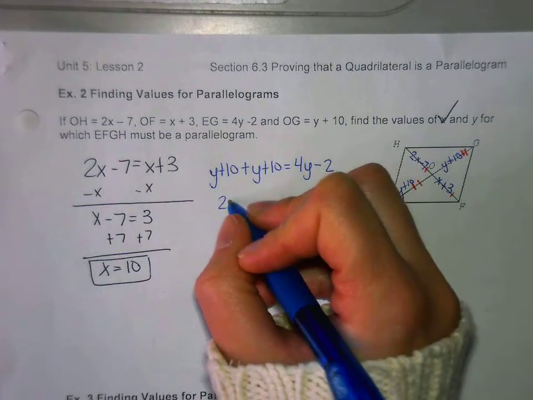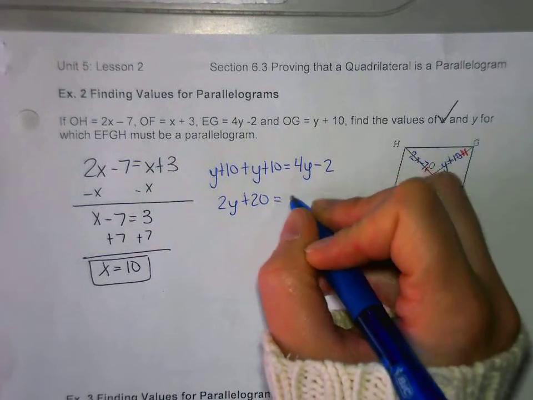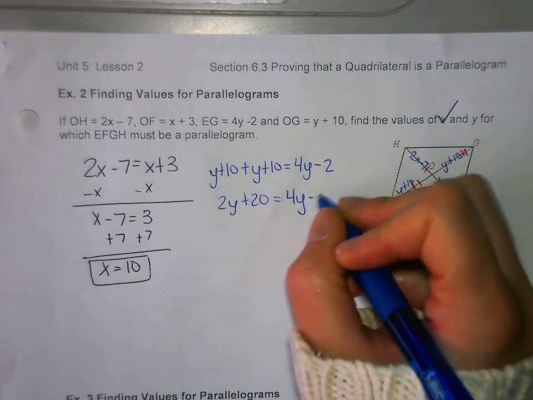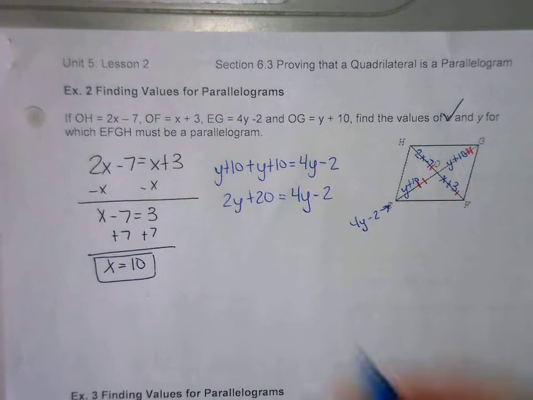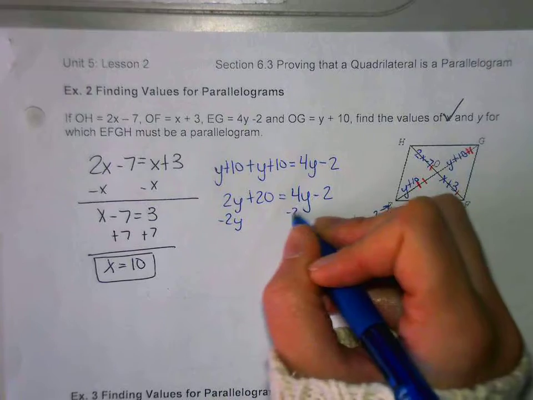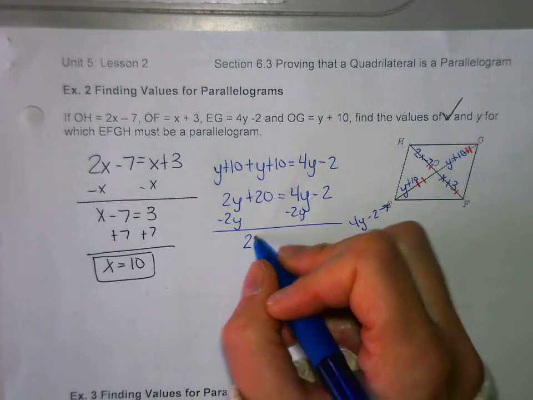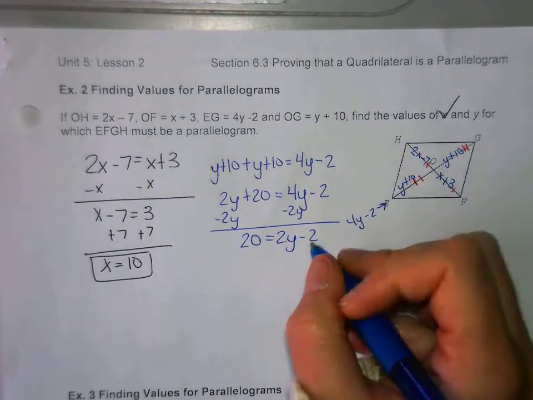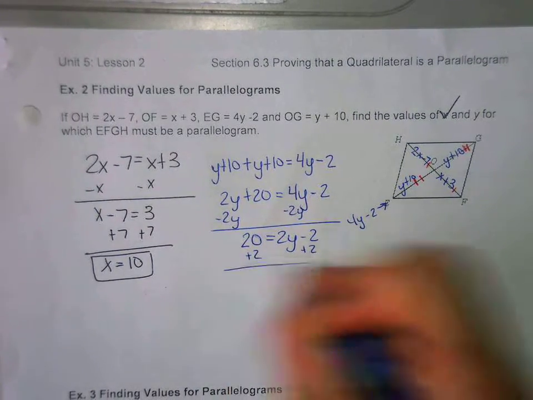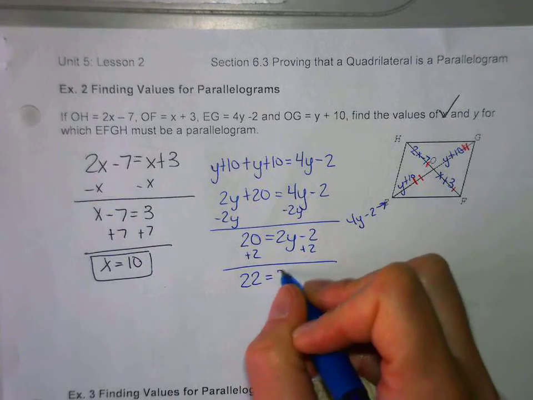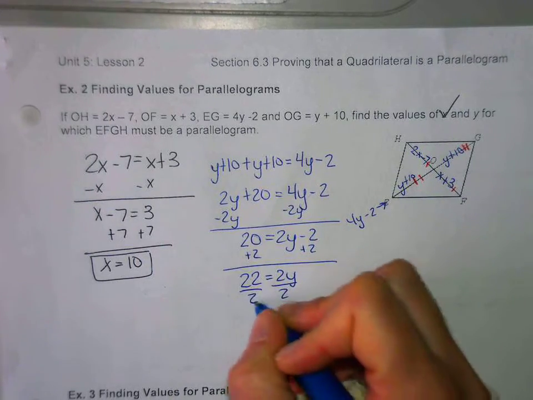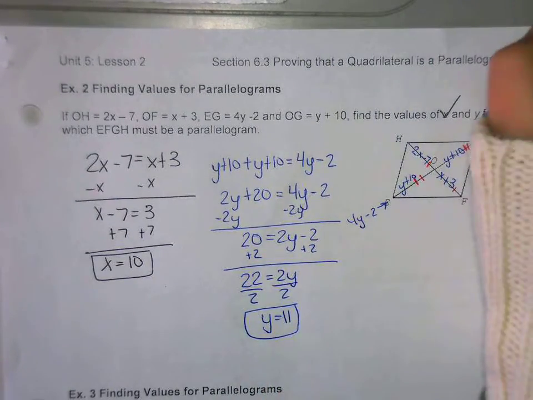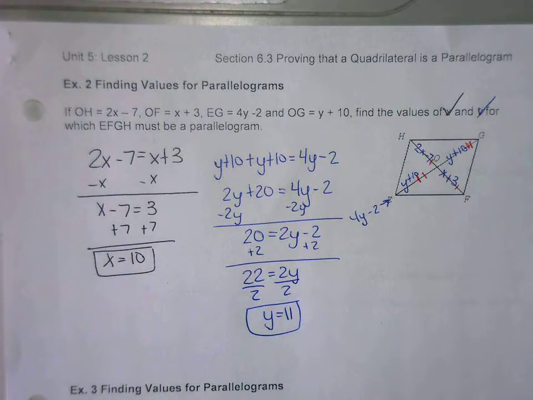So I have 2y plus 20 when I combine like terms. Y plus y is 2y, 10 plus 10 is 20, and it equals 4y minus 2. I can subtract 2y from both sides, so I'm left with 20 equals 2y minus 2. Add 2 to both sides. 22 equals 2y. Divide both sides by 2. Y equals 11. So I found x, I found y.